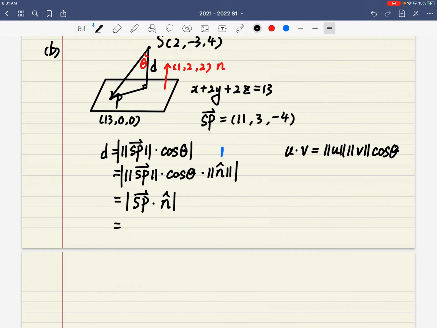So SP is 11, 3, negative 4, dot product with n, which is given. So n hat, the unit vector, is 1 over the square root of 1, 2, 2. The square root of 9 is 3. So the dot product is 1 over 3 times 1, 2, 2, and we put an absolute value.